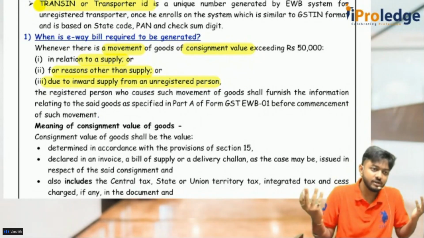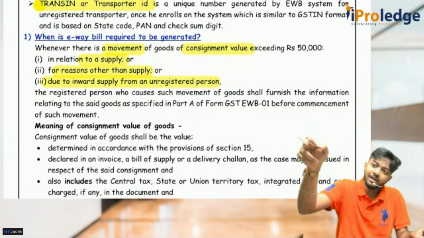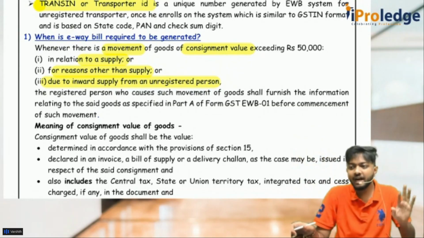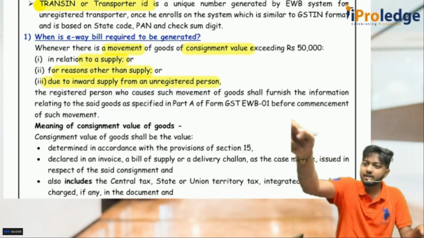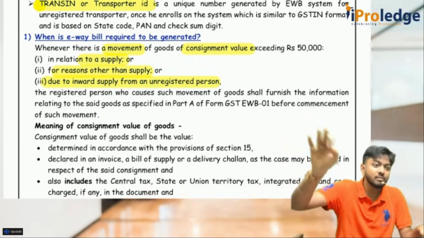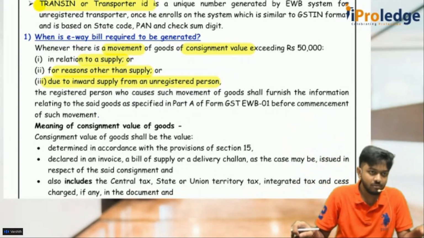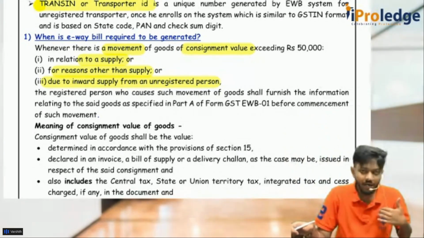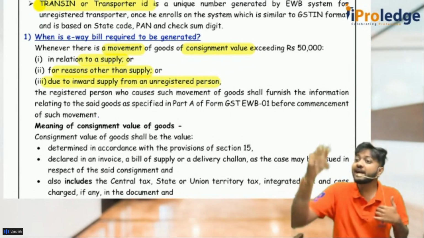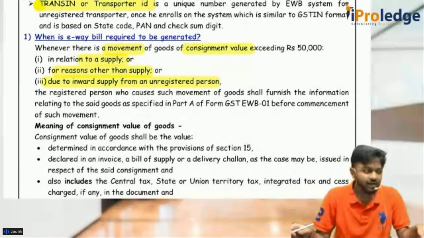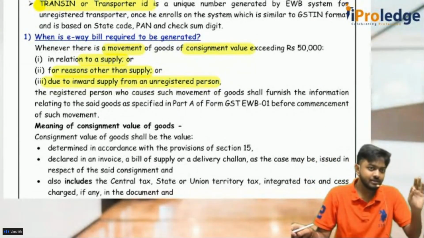The supplier will be unregistered, but you will be registered. In that case, you will be deemed to be causing the movement and the recipient is supposed to generate the e-way bill. If both are registered, the supplier is the one who is causing the movement, he will generate. But if I'm unregistered, then that guy, the recipient, is supposed to generate the e-way bill. Clear? Any doubts?